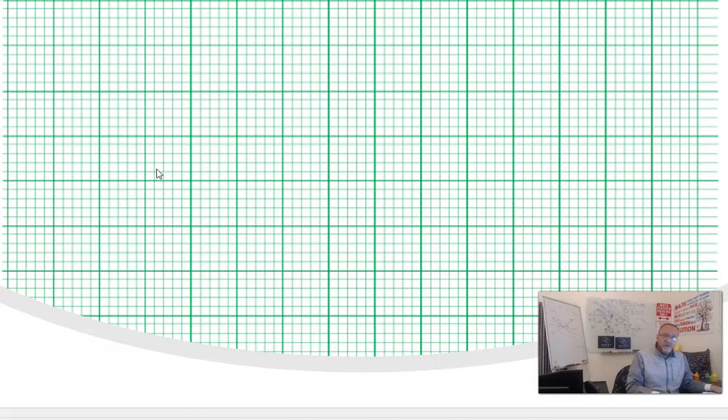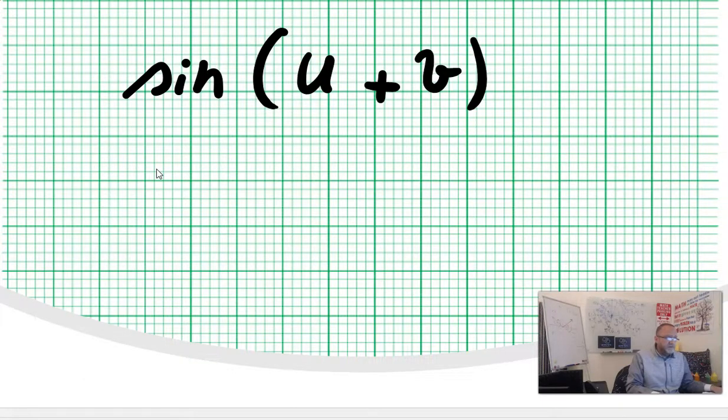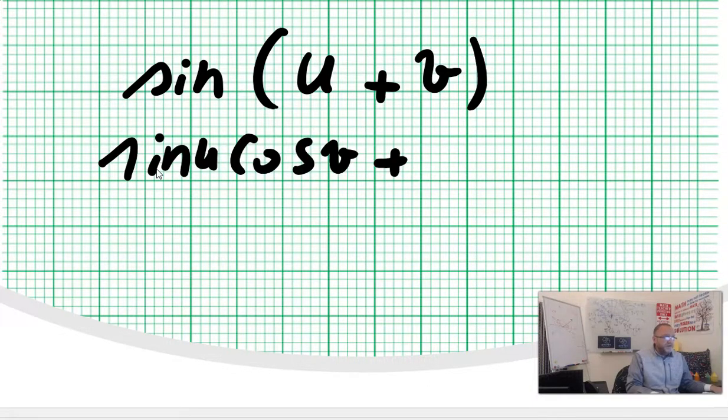I didn't explain those yet. Those are going to come with the details later, but I just explained that something like sine of u plus v, there's no distributive property. You go sine u times cosine v plus cosine u sine v.